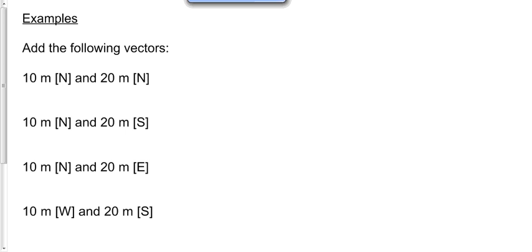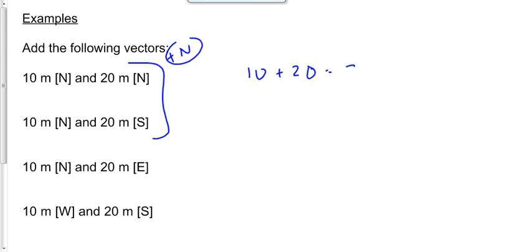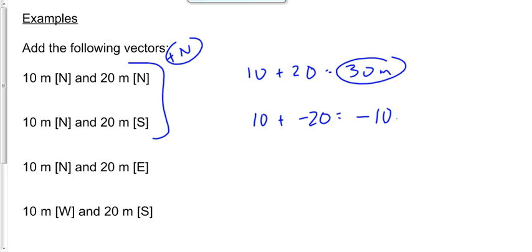If we define north as positive for the first two questions, then in the first question, all I've got to do is say 10 plus 20 is equal to 30. 30 meters to the north. And in the second one, it's a little bit harder, but not much. We've done this a million times before. We'd say 10 plus negative 20, because it's to the south, ends up giving you negative 10 meters.